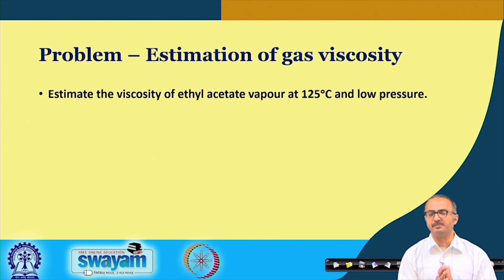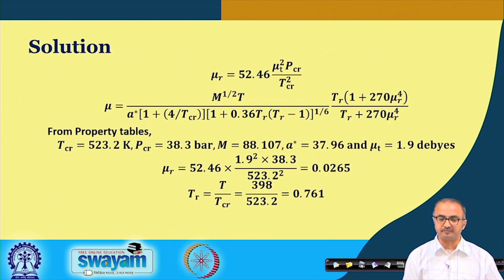So we are not really bothered about the exact value of the pressure, because we will find that for low pressure or this kind of medium pressure we have some correlations which may be independent of the pressure. That is why the pressure has not been mentioned here.